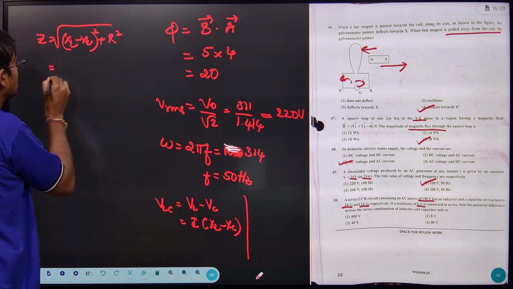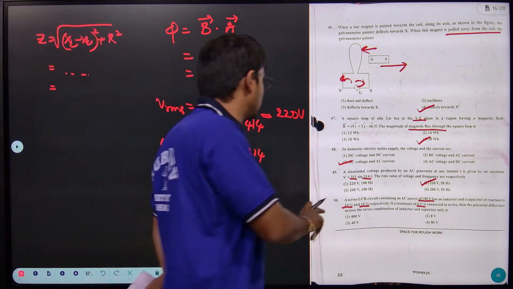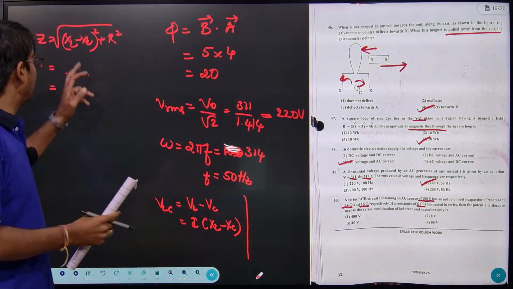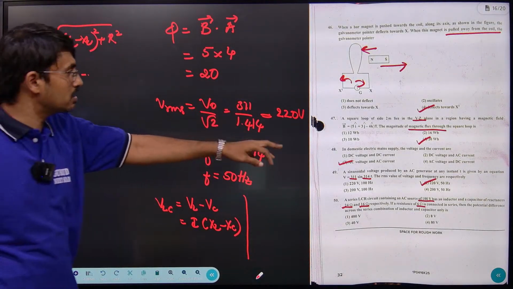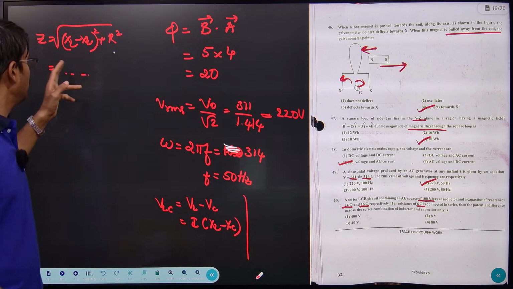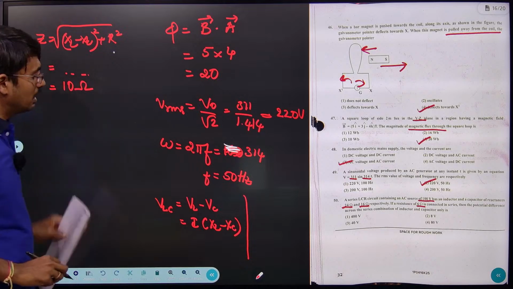I will not do the substitution part, so that you do it, but I'll just explain here. XL minus XC is 8, 8 squared is 64, and R is 6, so 6 squared is 36. 36 plus 64 is 100, and the square root of that is 10. So the Z value is 10.